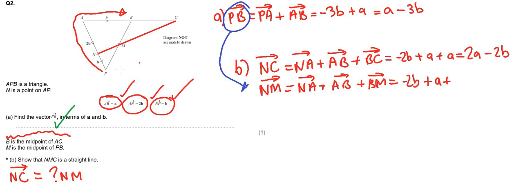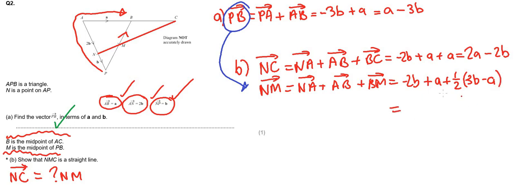But P to B is going in this direction, and we're going in the opposite direction. As M is the midpoint, halfway along that line, B to M is half of this, and we have to change the signs because we're going the opposite direction. So instead of minus 3B, that's going to be plus 3B, and instead of plus A, we're going to do minus A.